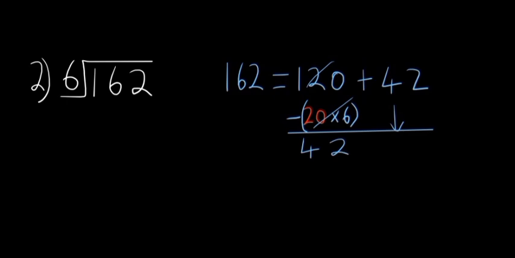And then now we can subtract 7 groups of 6, which is 42.